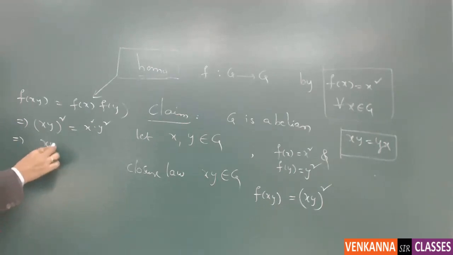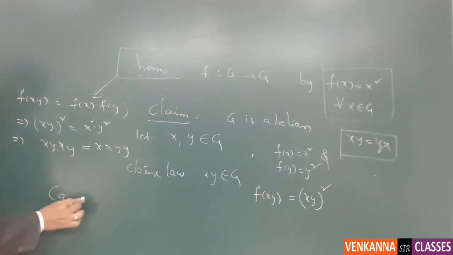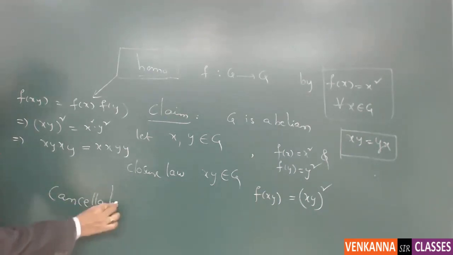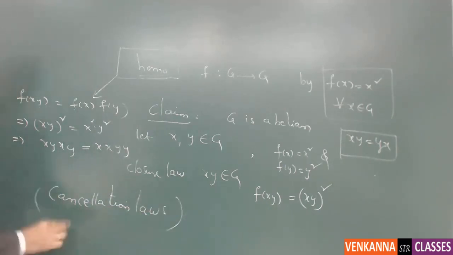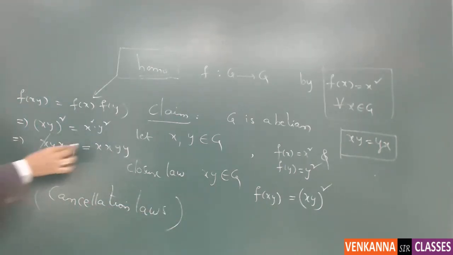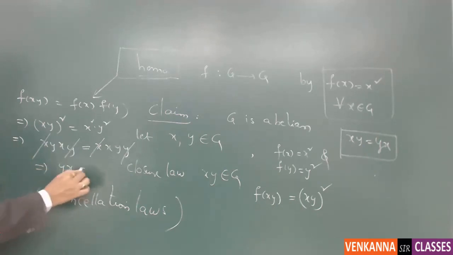This is nothing but xy xy equal to x x y y. If you apply cancellation laws here, you can cancel the leftmost element and the rightmost element, which gives that yx is equal to xy.